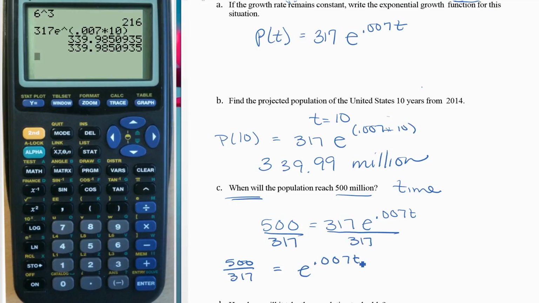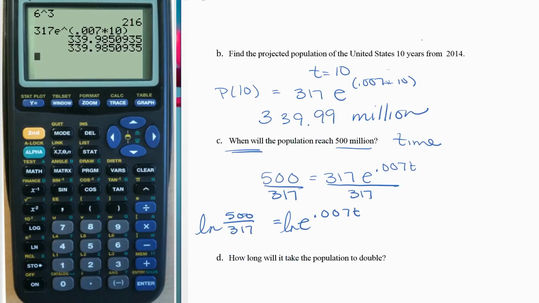Now remember, when we were solving exponential equations, we're going to take the natural log of both sides. So we would have natural log of 500 over 317 equals, remember, natural log and e cancel each other out, 0.007t. And now we're going to divide both sides by 0.007.